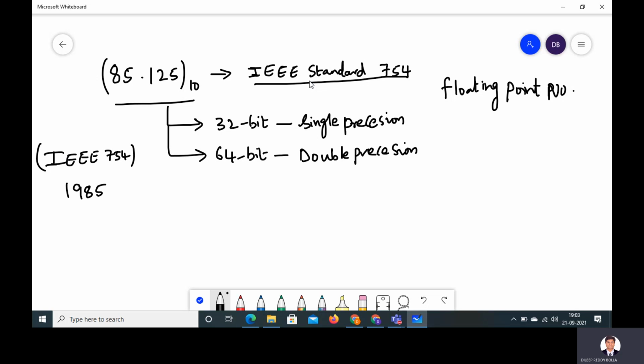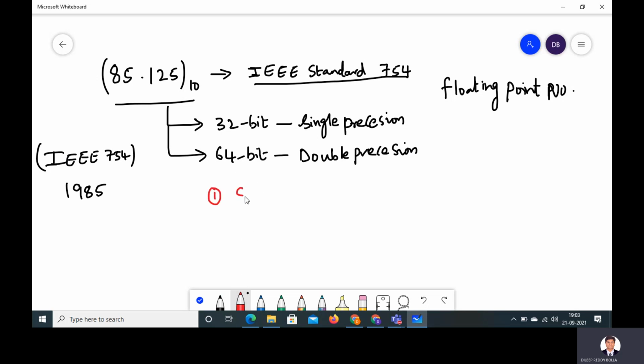There are many ways to use this standard. If you take either single precision or double precision, we need three names that are frequently used.